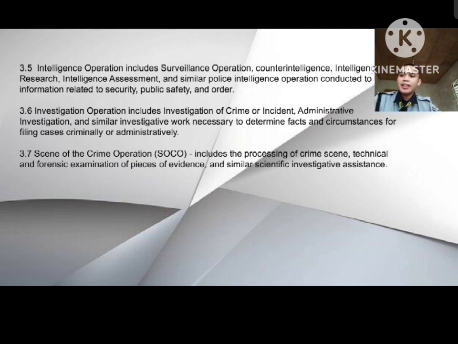So next is investigation operation, which includes investigation of the crime or incident, administrative investigation, and similar investigative work necessary to determine the facts and circumstances for filing cases criminally and administratively. So an investigation operation focuses on finding out what really happened in a crime or incident.